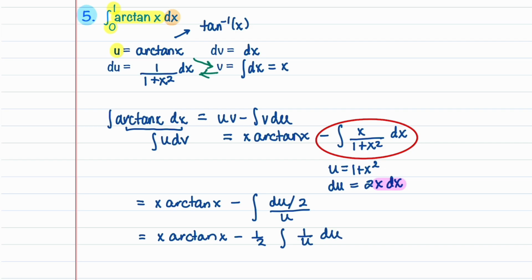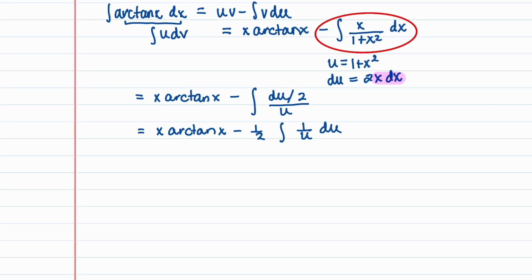I'm writing it like that so that you can recognize that integral. That integral is the natural log function. So this is x arc tan x minus 1/2 natural log, don't forget the absolute value, u plus c.